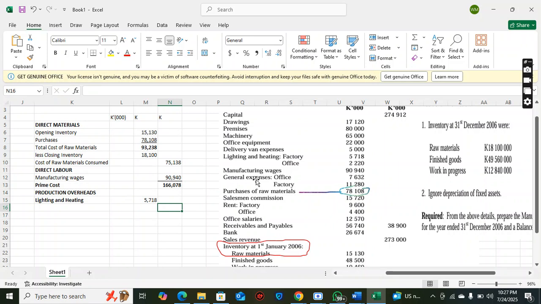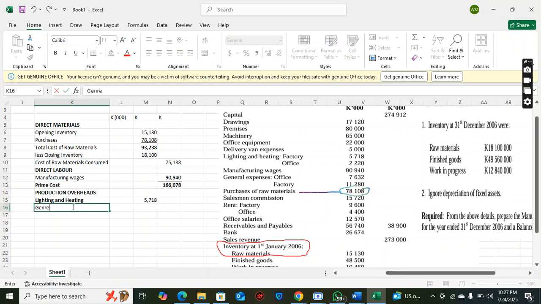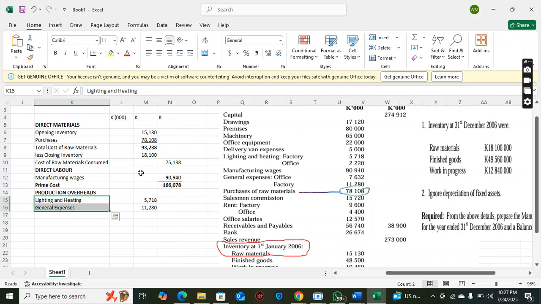Oh, yes, general expenses. Factory here, 11,280. What else?